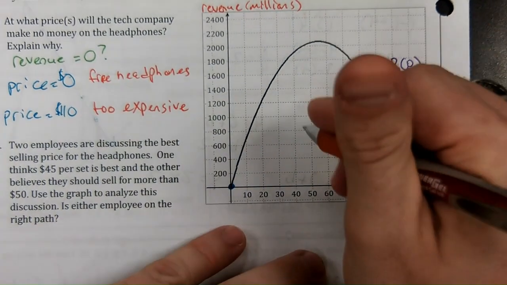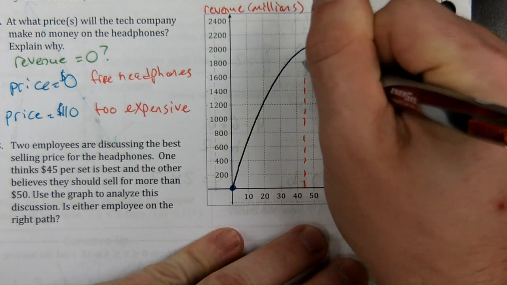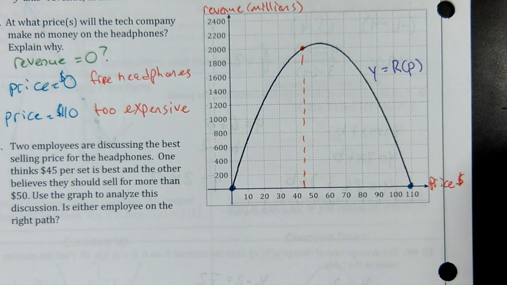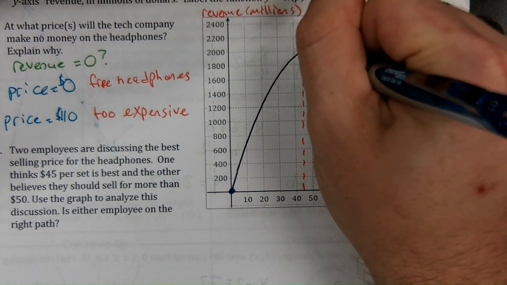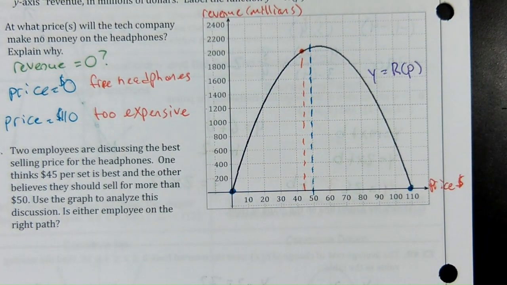Employee number 1 says $45. And employee number 2 looks at the graph and goes, it should be more than 50. And I would say that employee number 2 is onto something, because you'll notice the maximum revenue happens to the right of $50 per set.